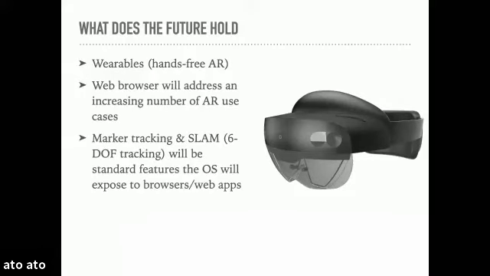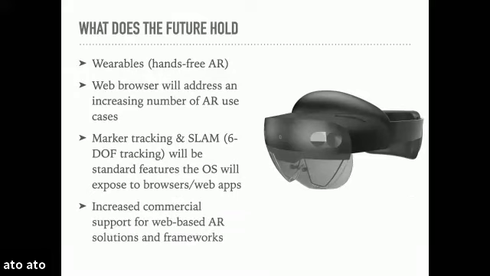All that stuff that's provided by AR.js, like marker tracking and SLAM tracking, I predict those will become standard features the OS will provide and expose to web browsers, native apps, and web apps. We're already starting to see that with ARKit and ARCore, and there's no doubt in my mind that that's just going to become a de facto feature and option as operating systems become more AR savvy in the future.